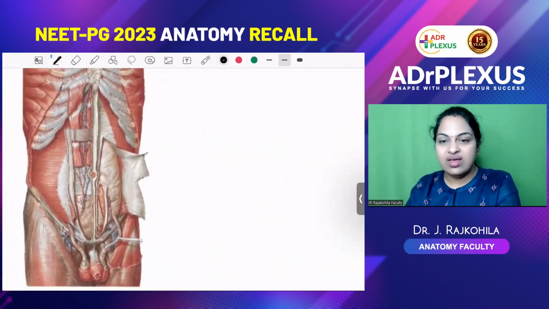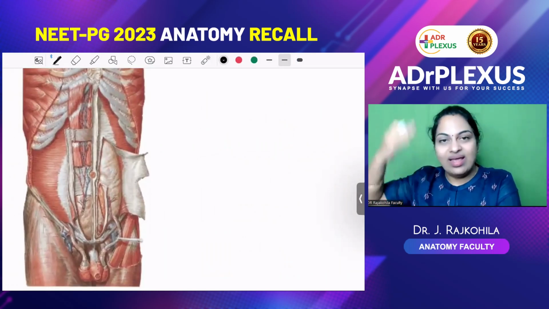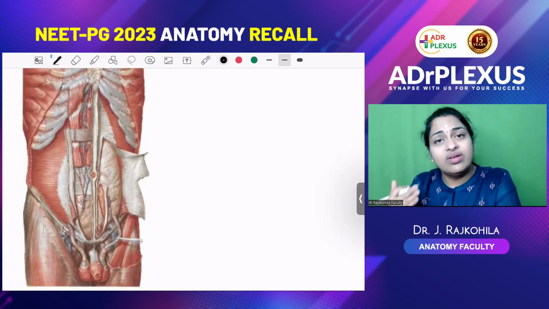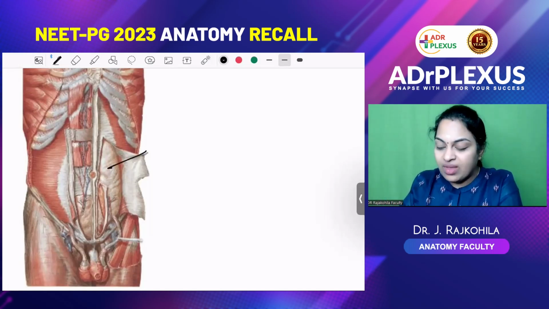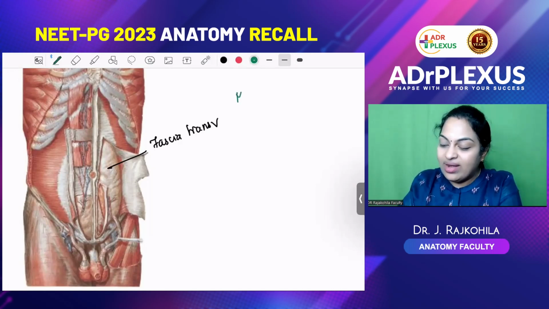So what do you get to see here? The layers are the muscles: external oblique, internal oblique, transverse abdominis, of the anterior abdominal wall. And on the inner aspect of the transverse abdominis, you get to see the fascia transversalis, isn't it? Now, what is the mid-inguinal point? Heard about it?